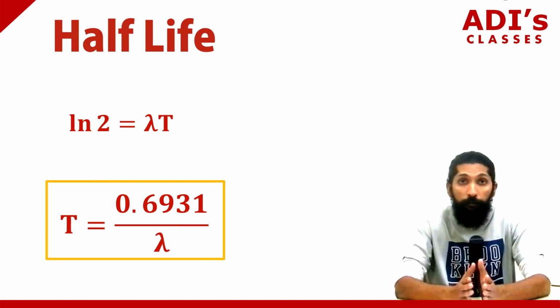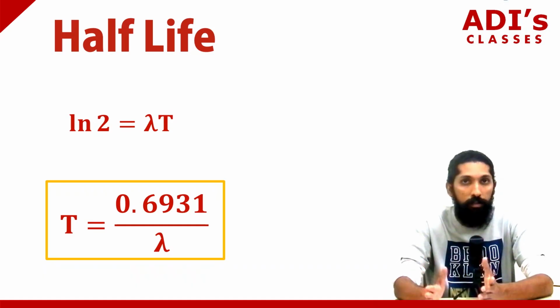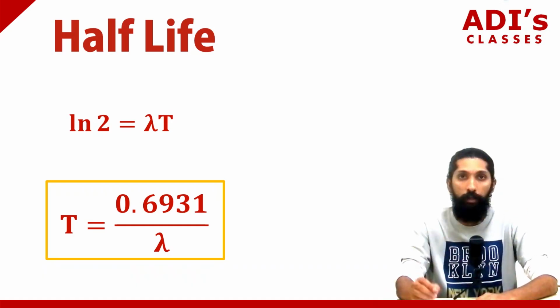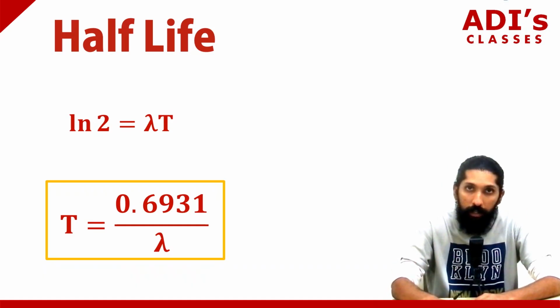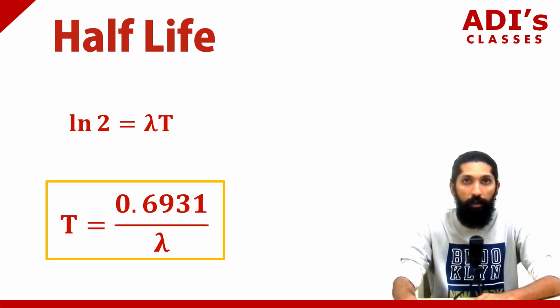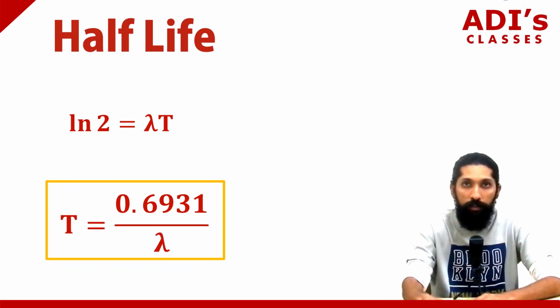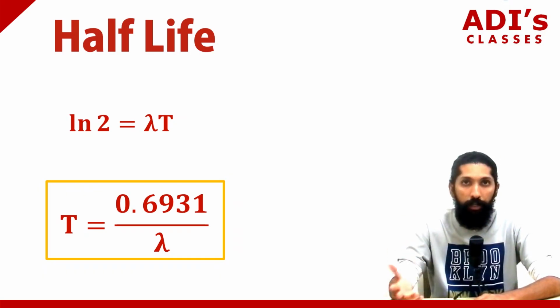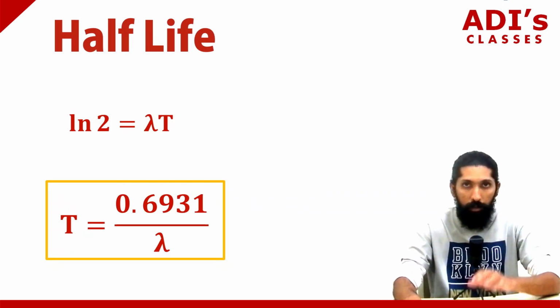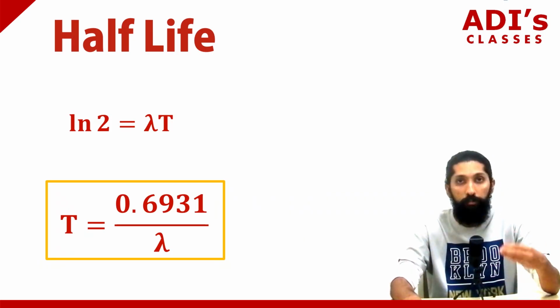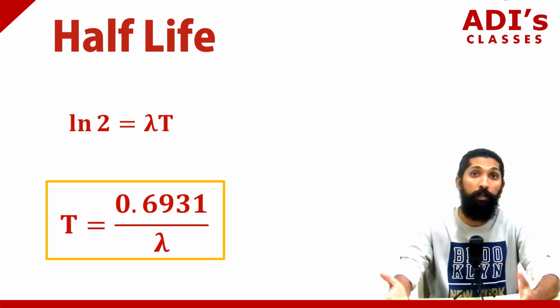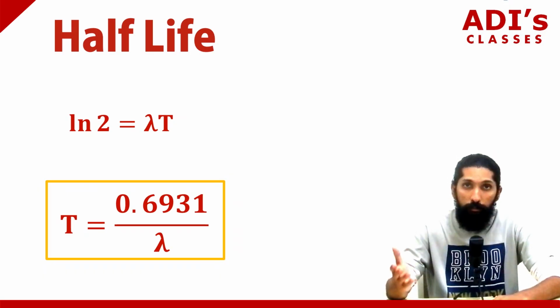That means if we know the disintegration constant for a radioactive substance, we can calculate the half-life. Okay. Now, half-life has a lot of application, because some radioactive elements have very, very large half-lives.